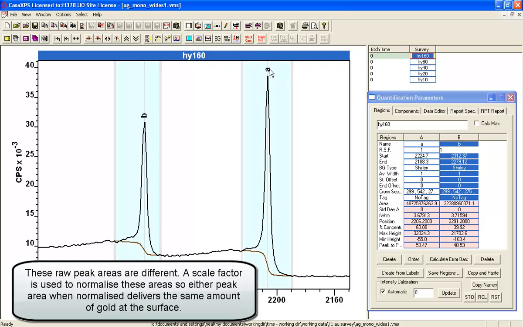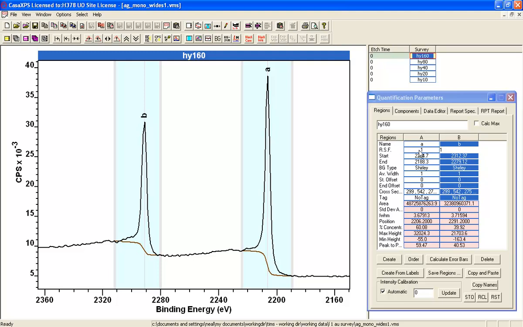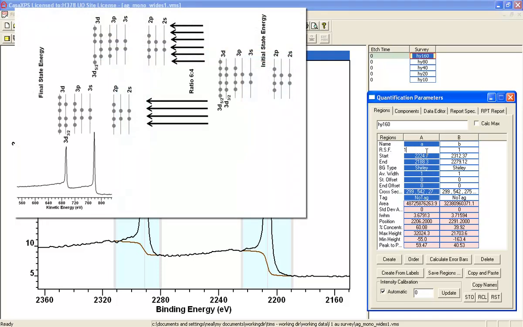If I use the area of A and don't scale it, I would have more gold signal than if I used B. So in order to compensate for this, we introduce relative sensitivity, and in this case A is 1.5 times bigger than B. And I know this because there is a known relationship between these two peaks because they both emanate from the same doublet, and the ratio of these peaks should be 6:4 in favor of A.